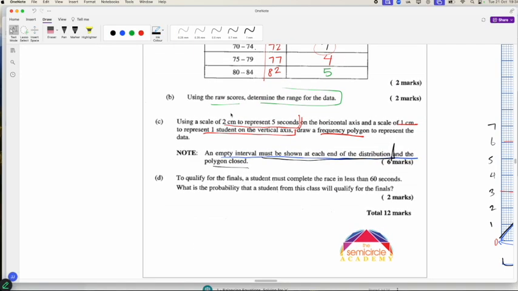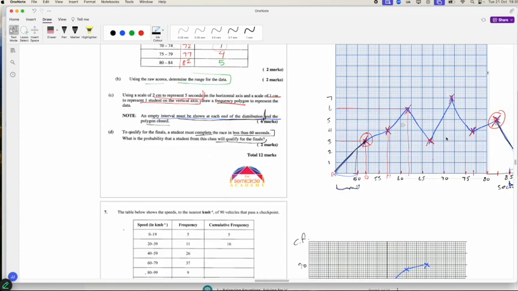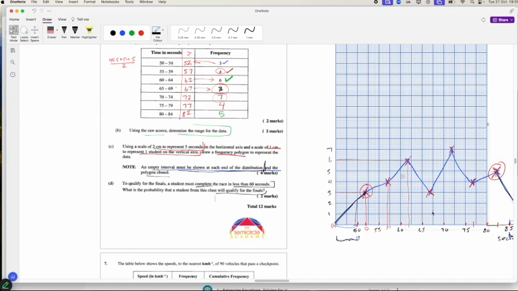To qualify for the finals, a student must complete the race in less than 60 seconds. What is the probability that a student from this class will qualify for the finals? So the thing is that the frequency polygon doesn't give us this information like how a cumulative frequency curve will give us the information.